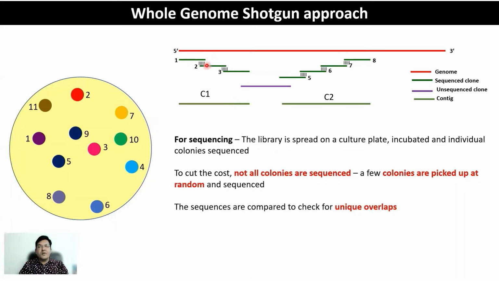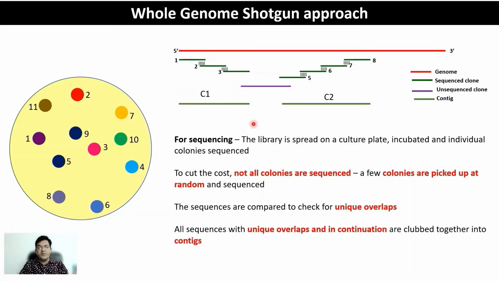As long as you keep getting continuous overlaps, you put all the sequences together into what is known as a Contig, or contiguous sequence, or continuous sequence.